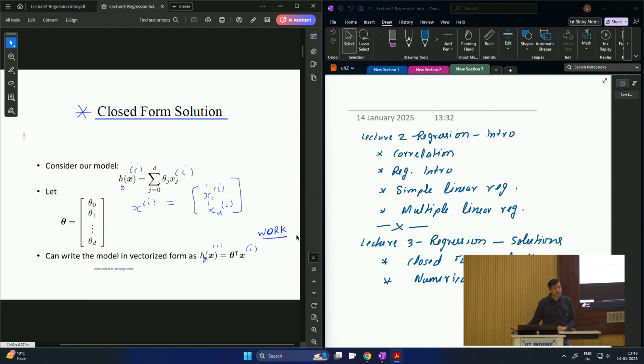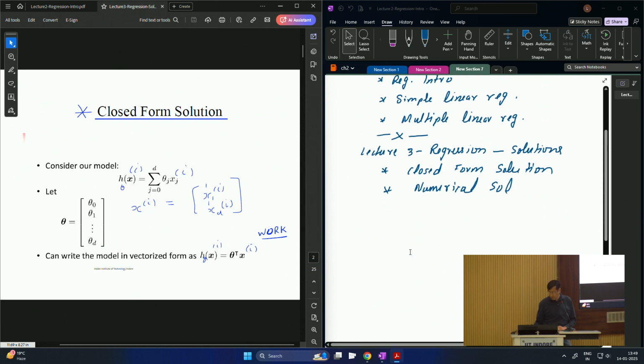Wherever in my slides you see the word 'work', it means that I'm going to work it out on the right side on the board. So you can see the scribble part. So let's start this. We are first looking at the closed form solution. At the back, is everybody able to read? Slides, not too small or big?